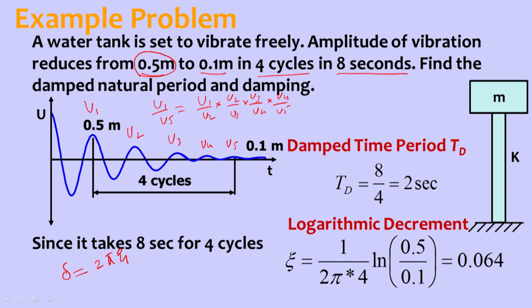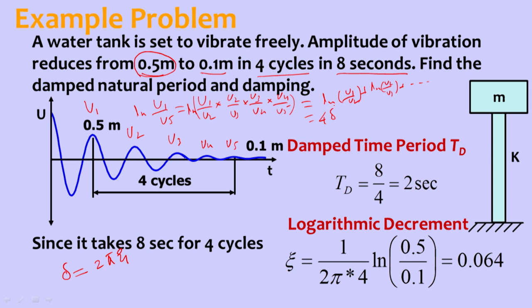So if I take ln on this side and ln on this side, I get ln of u1 by u5 equal to ln of u1 by u2 plus, as per the logarithmic principle, u2 by u3, like that. So each term will become delta. This is delta, this is delta, this is delta, this is delta. So that will become 4 delta.